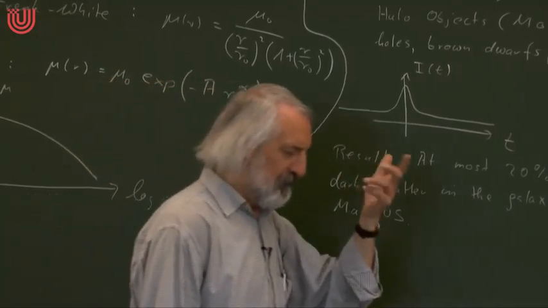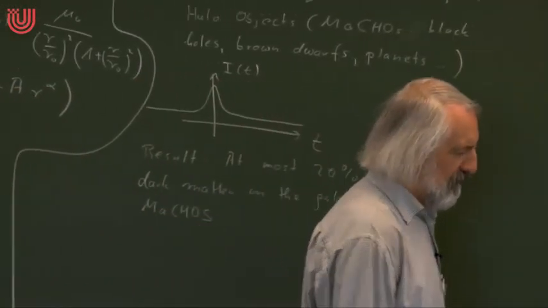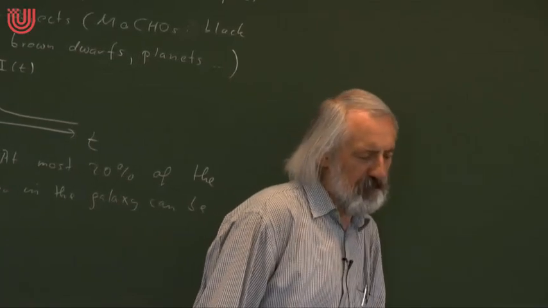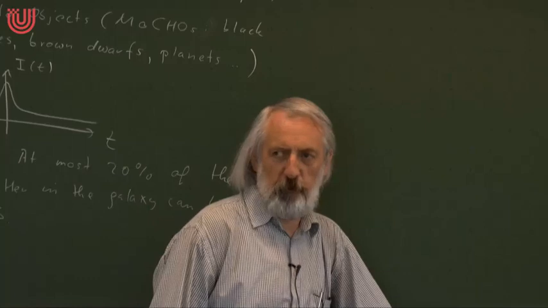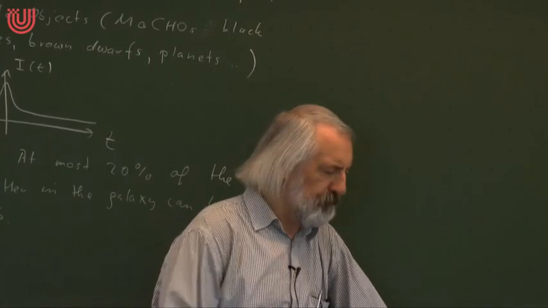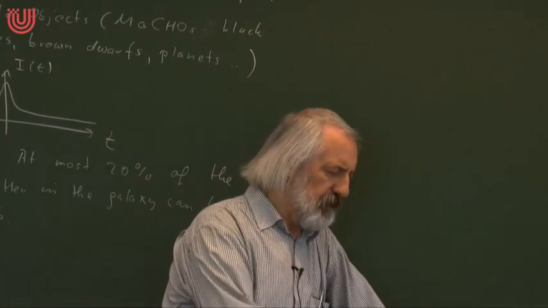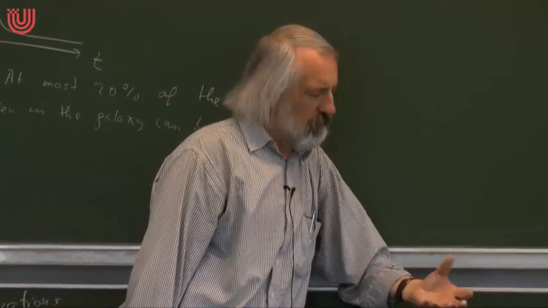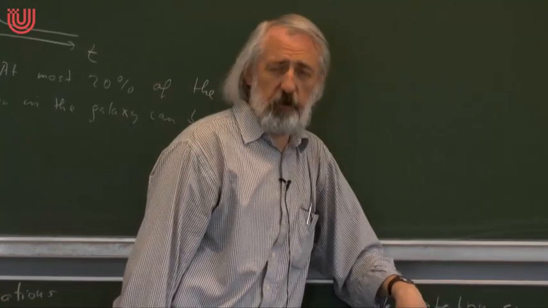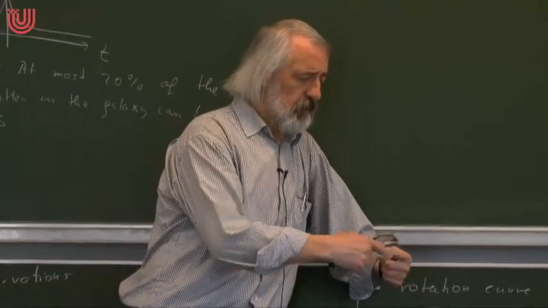Actually, the new idea which came into play and which triggered this paper was the discovery of gravitational waves. You have all heard about this a couple of months ago. And the gravitational wave signal is explained as an inspiral of two black holes. Two black holes, each with something like 30 solar masses, have come close to each other.